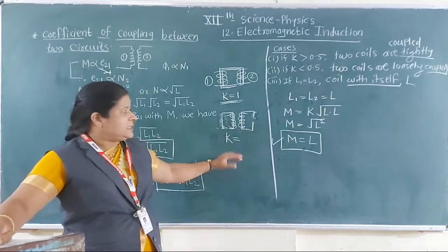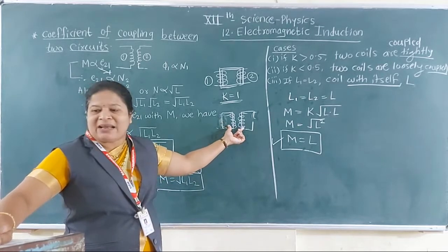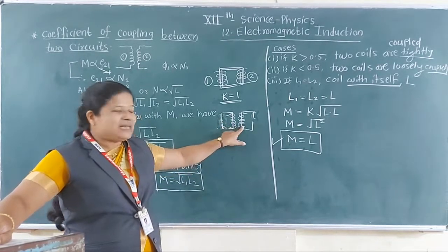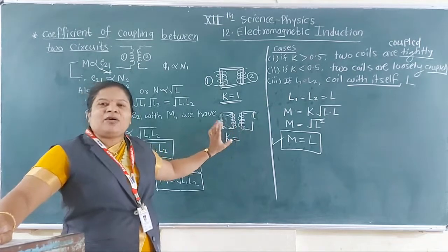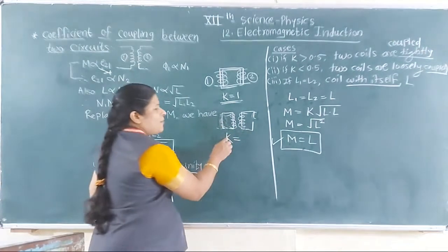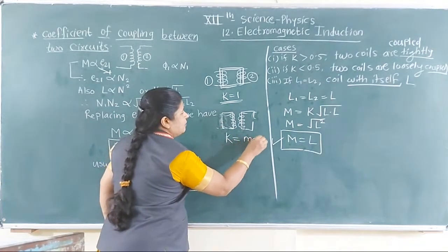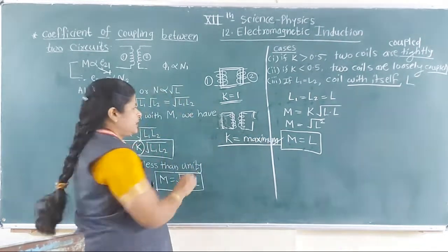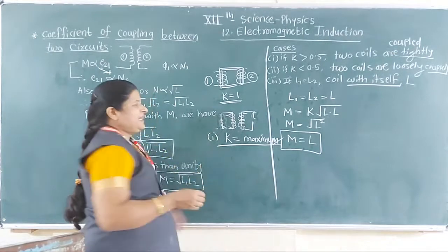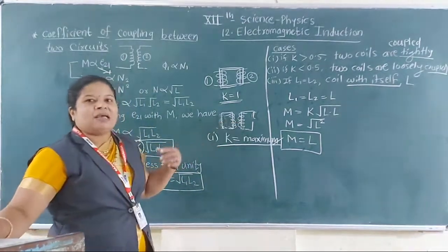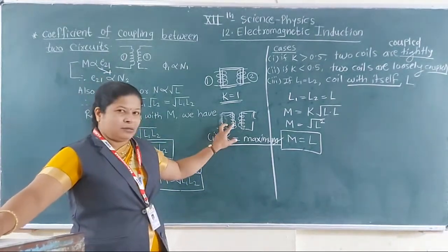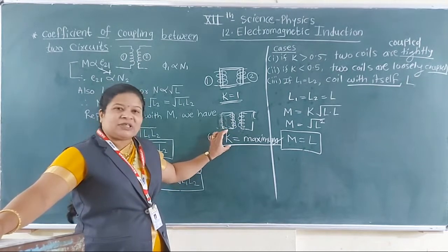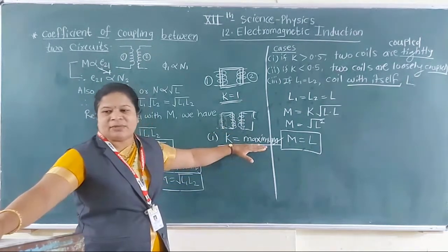When these coils are parallel, then the coefficient of coupling is maximum. When these coils are parallel to each other, we get the coefficient of coupling maximum.